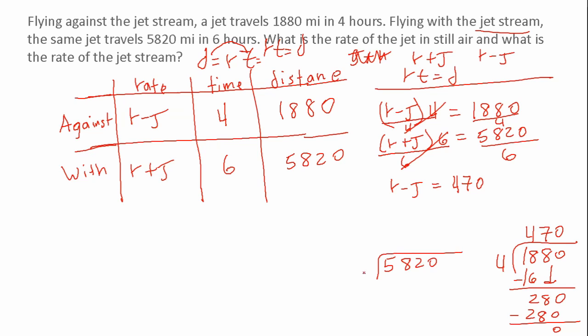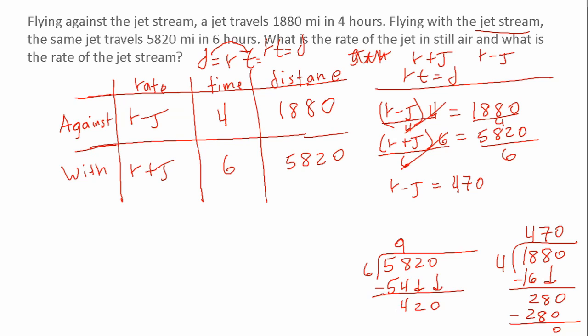5,820 divided by 6. 6 doesn't go into 5. How many times does 6 go into 58? 6 times 10 would be 60, so we know that's going to be too big, so this has to be 9. 9 times 6 is 54. Subtract accordingly. 58 minus 54 is 4. Drop down this 2.